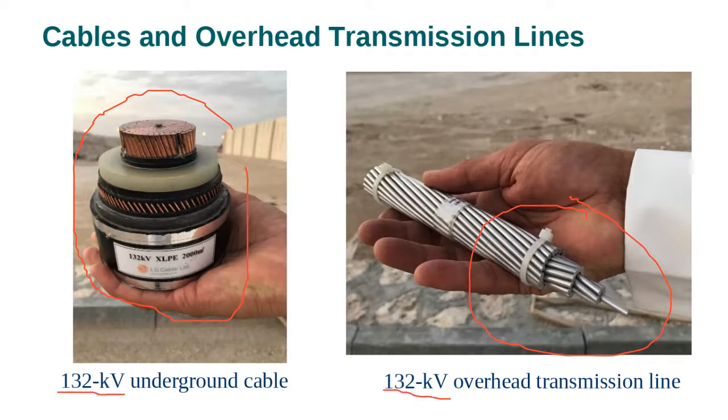We use underground cable when we want to go underground, for example, going to the Corniche or to the city, where you cannot have overhead transmission lines. So underground or overhead transmission lines have the same ratings. We can have 400 kV underground, no problem.